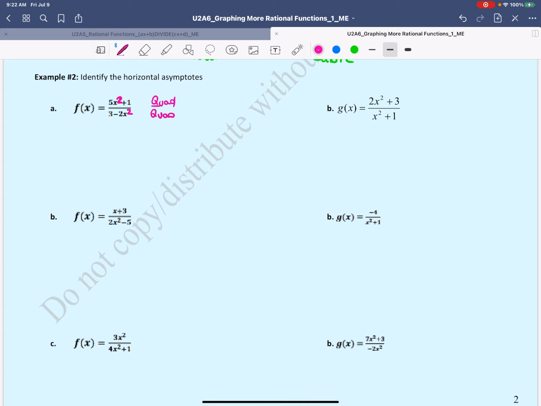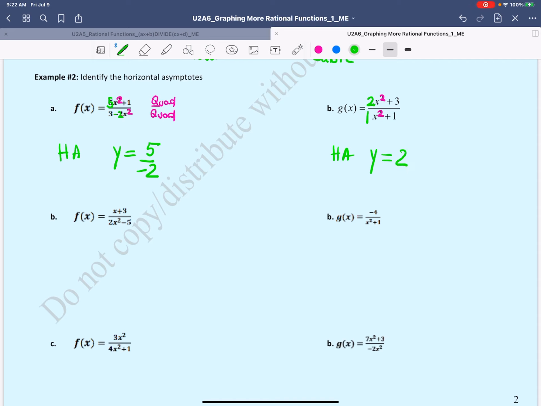So that means that the horizontal asymptote would be y equals the ratio of the quadratic coefficients, which are 5 and negative 2 for the denominator. And you're done. Next, we have the highest degree term in the function, 2, and the power 2 term is present in both numerator and denominator. That tells us that the horizontal asymptote will be y equals 2.